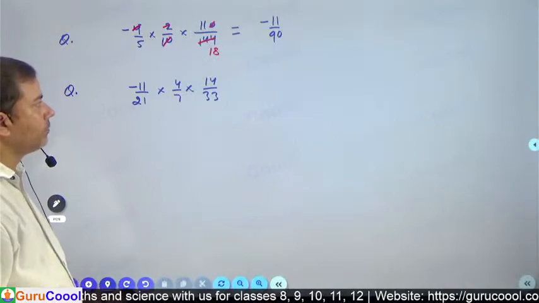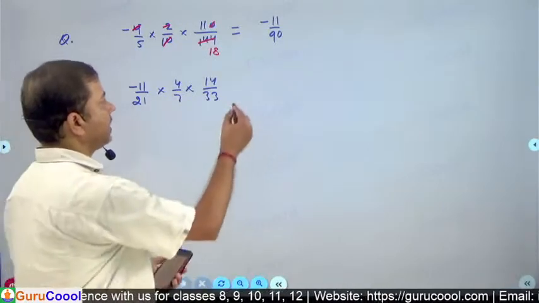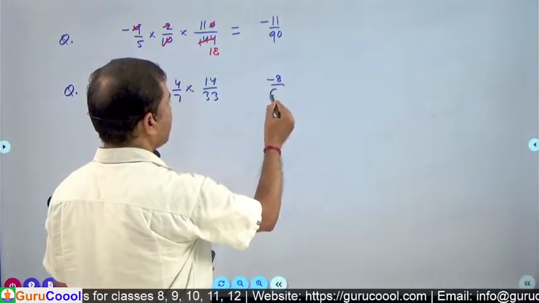Sir, minus 8 by 63. That's right. Minus 8 by 63 is right.